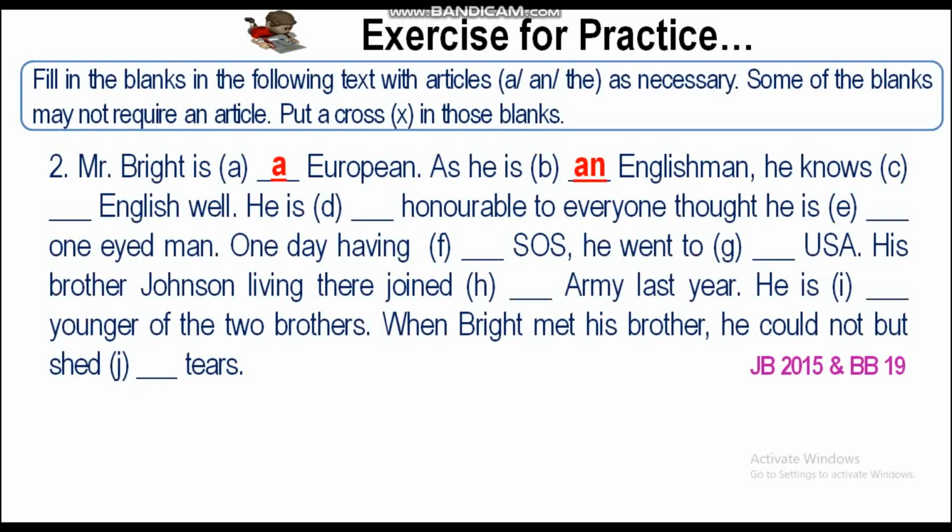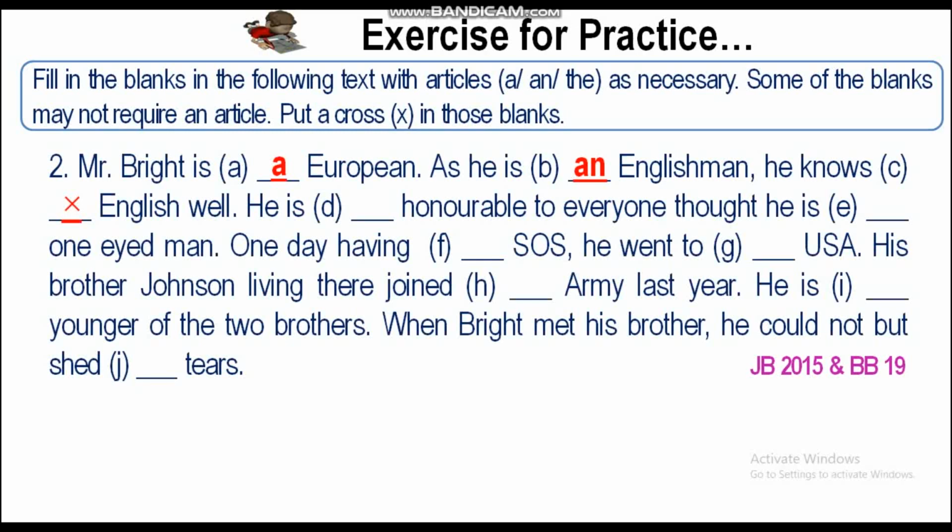He knows dash English well. Here the word English also starts with a vowel, but this English indicates the name of a language, and before a language no article is used. So a cross will be in the blank number C. He is dash honorable. The word honorable is an adjective, and before an adjective no article is used directly.